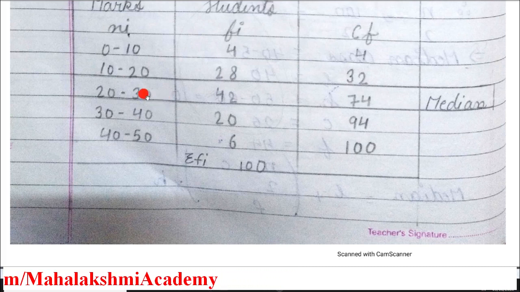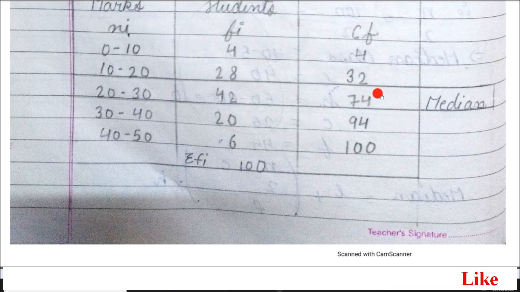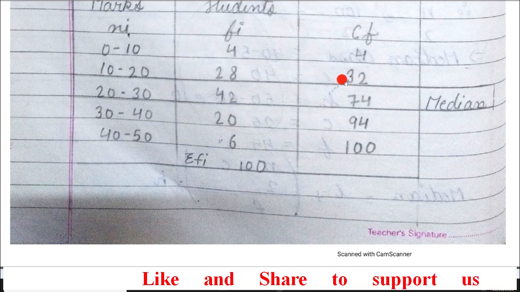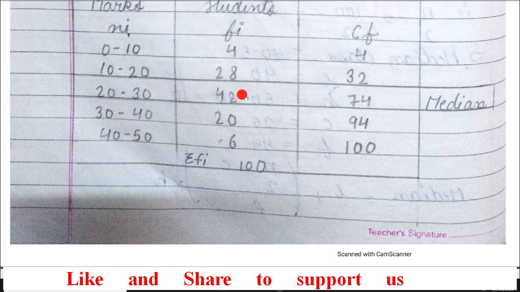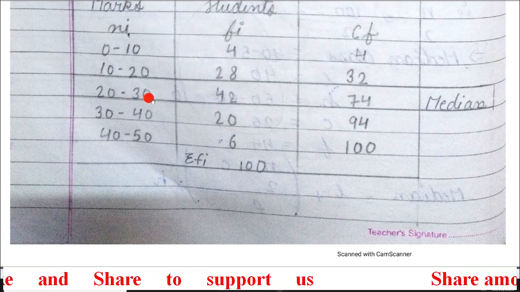Now the median class lower limit is 20. Height is upper limit minus lower limit, that is 30 minus 20 is 10. C is the cumulative frequency preceding the median class, so 32 is preceding the median class. This is your C, and F is 42. So from here what do we have to select? 32, 42, 20, and 10.